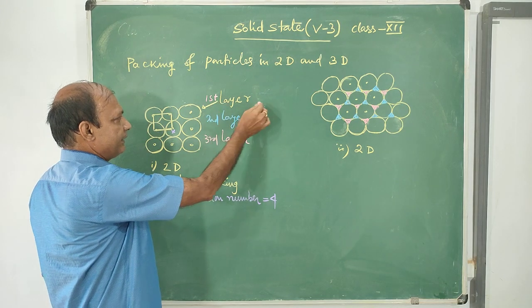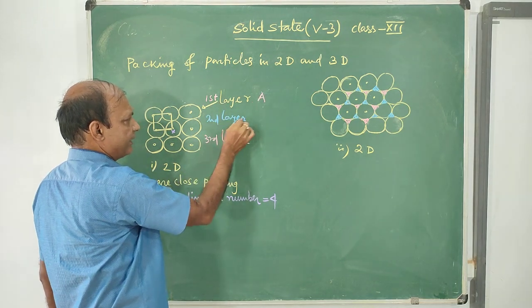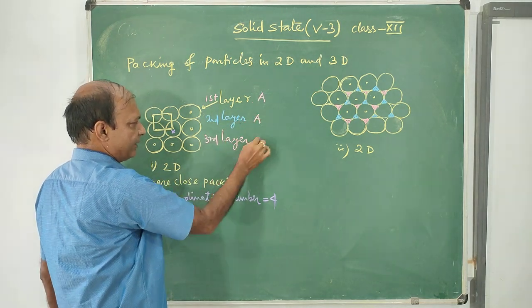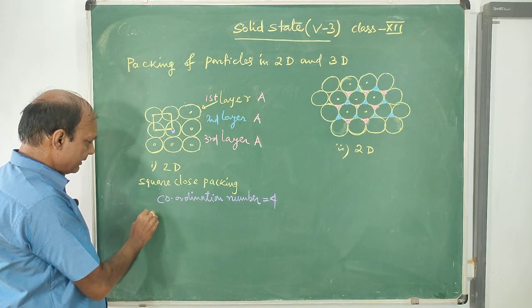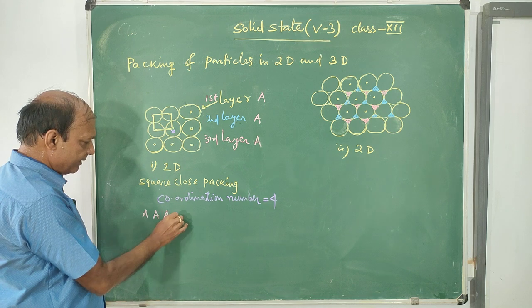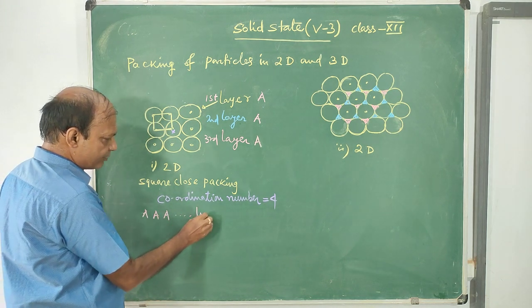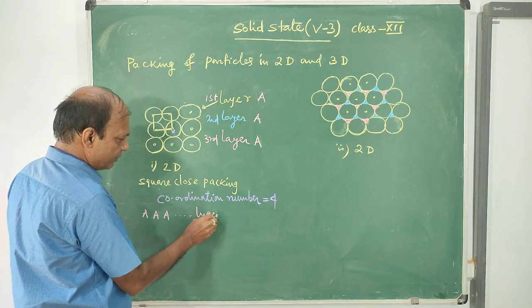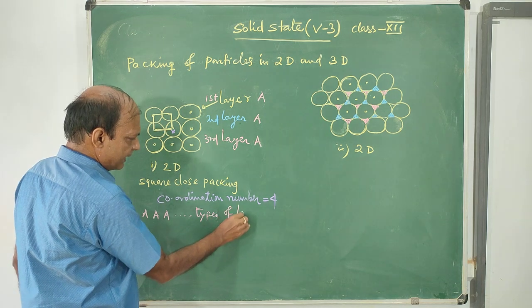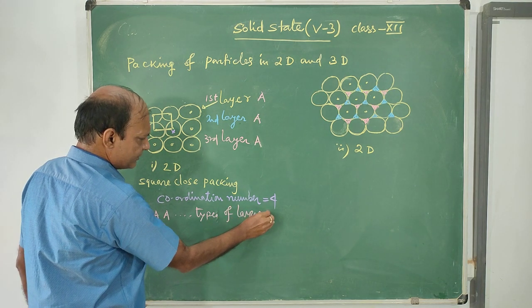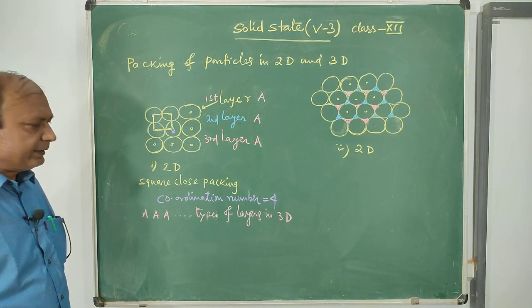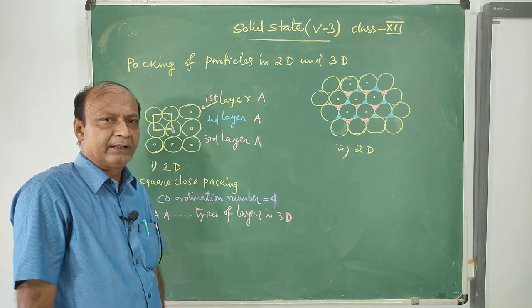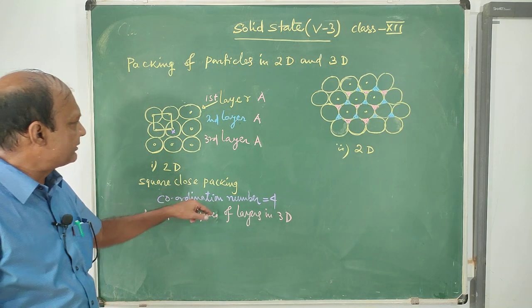First layer, if you tell it layer A, second layer will also be A, third layer will also be A. So in this way, if you construct layers in 3 dimension, you will get the 3-dimensional packing.